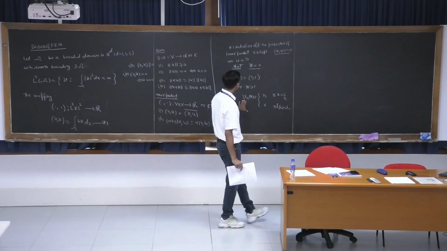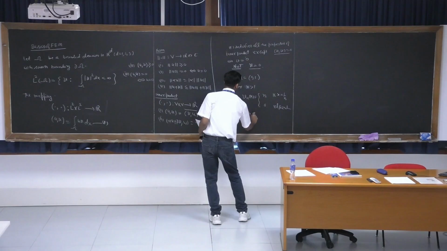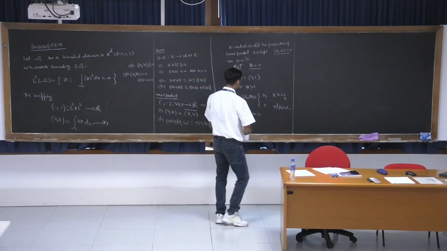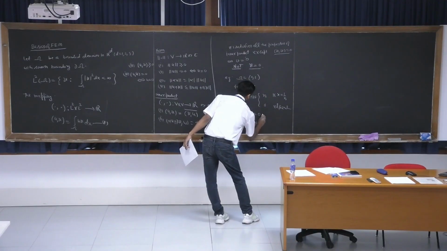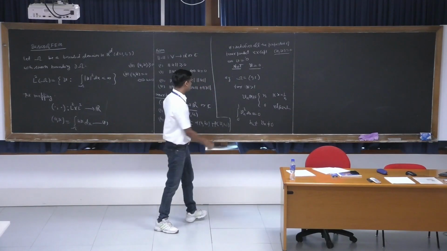So you can see that the integral from 0 to 1 of Vn squared dx is equal to 0. Okay, but here Vn is not 0. Means, what is this?